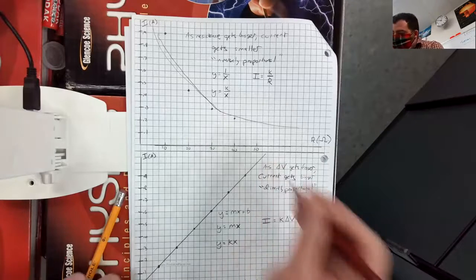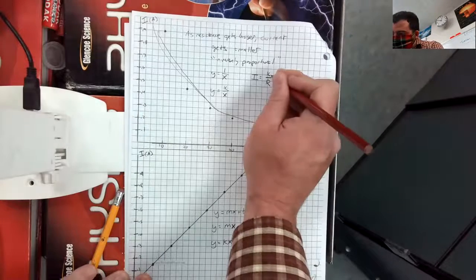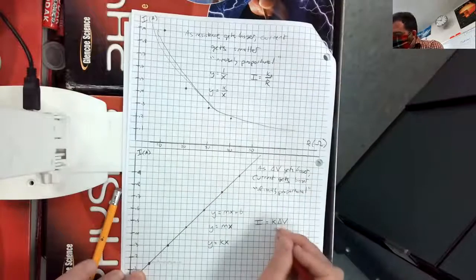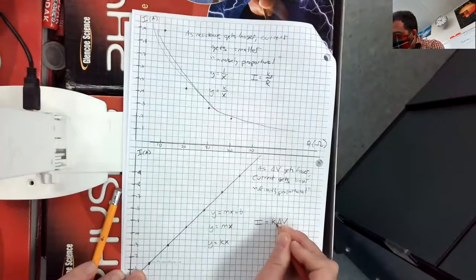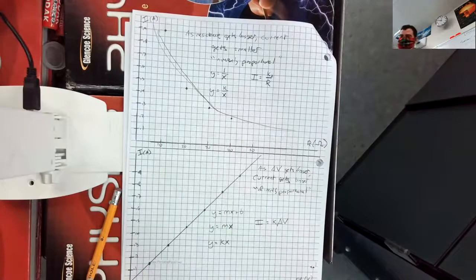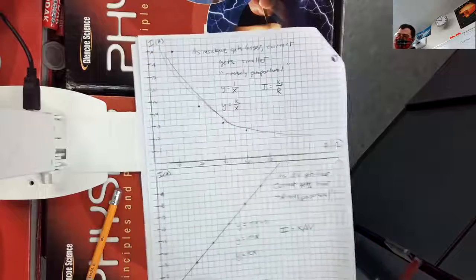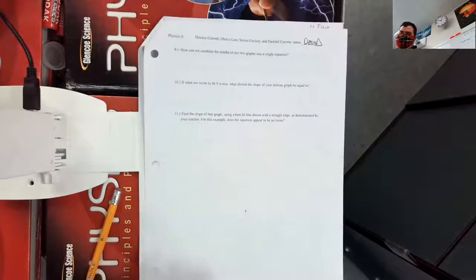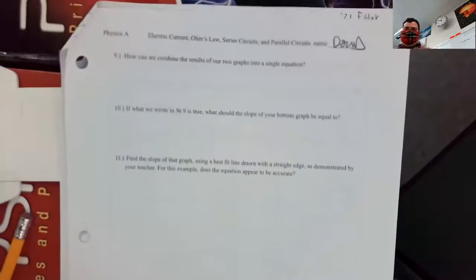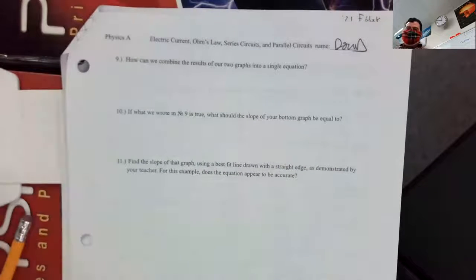The two Ks, we don't know what they are. They're just numbers. Let's call that K2 and this one K1. And now, let's try to figure out what Ohm's law actually is.